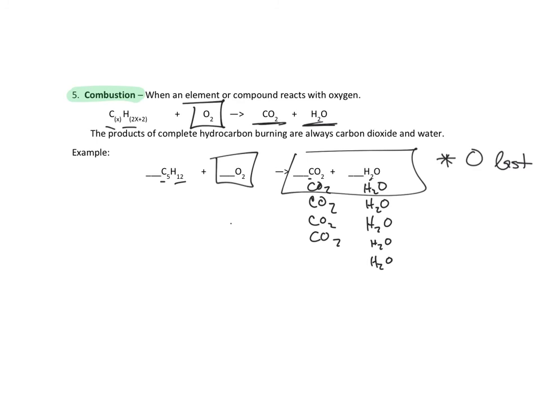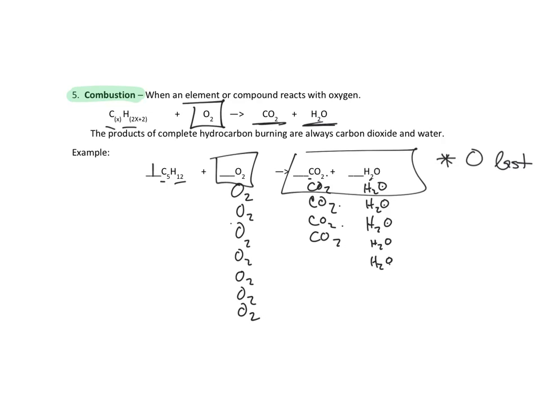Awesome. And last is oxygens. You've got 2, 4, 6, 8, 10, 11, 12, 13, 14, 15, 16 oxygens on the right, which means we got to get up to 16 over here on the left. Now we got 4, 6, 8, 10, 12, 14, 16 oxygens. And everything's balanced. You count it all up.